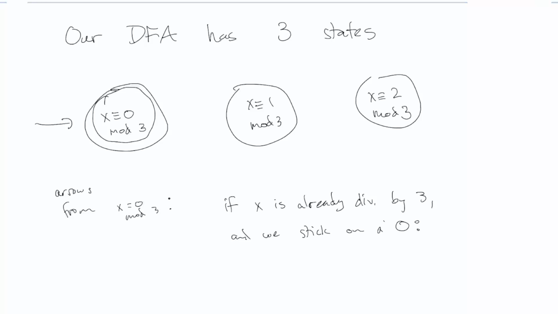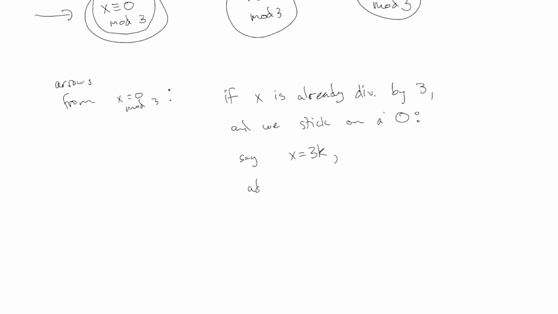So if x is already divisible by 3, I can say something like x equals 3k. This is how you would write this out in your discrete math class. I'm sure you talked about such things. If x is divisible by 3, I can write x equals 3k. And then adding a 0 turns it into 2x, which of course is the same as 2 times 3k.